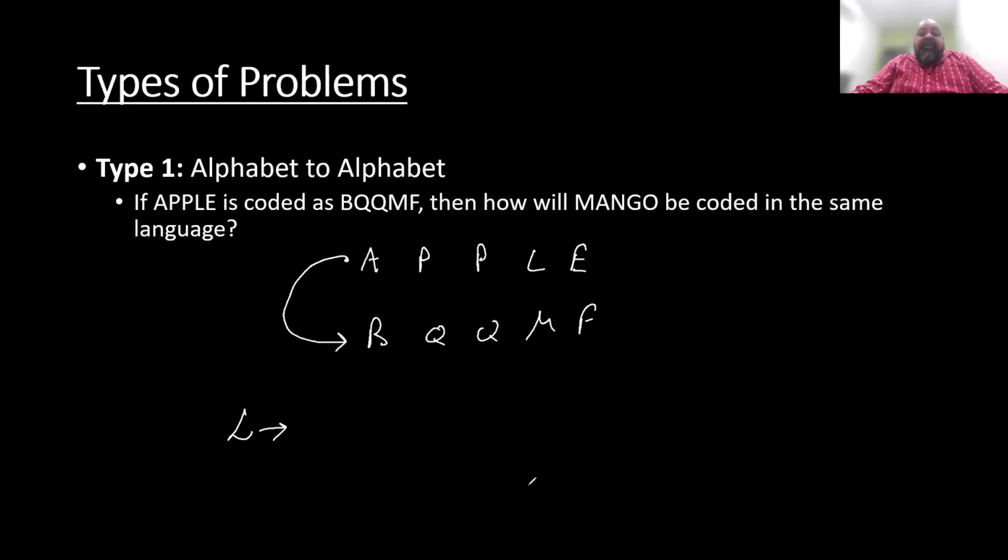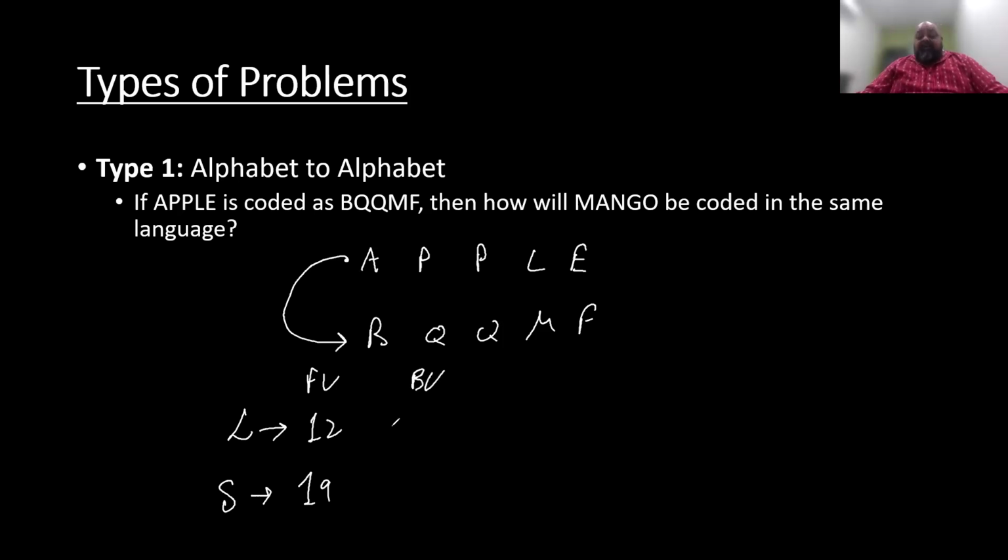If nobody says anything, it is 11. No, not 11. A B C D E F G H I J K L, so L will be 12 as the forward value. What will be the forward value of S, for example? A B C D E F G H I J K L M N O P Q R S. So 12 and 7, 19.